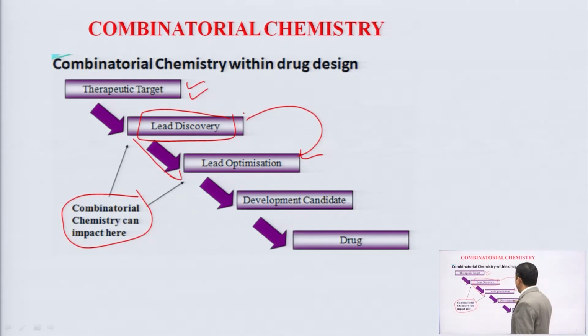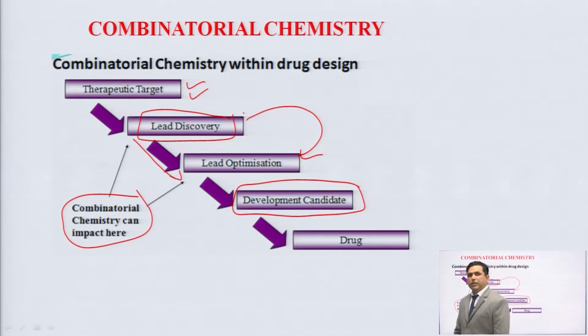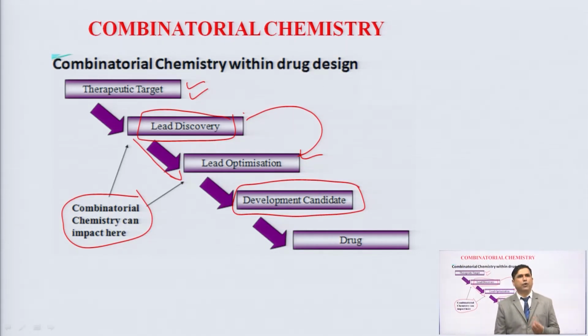And after the screening, we will get the development candidate, and this development candidate may be converted into the drug. So, our aim here is to synthesize a number of compounds by using combinatorial chemistry.